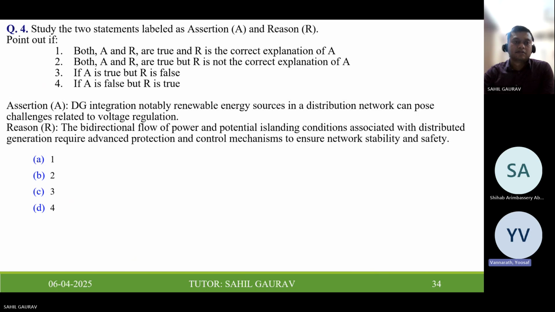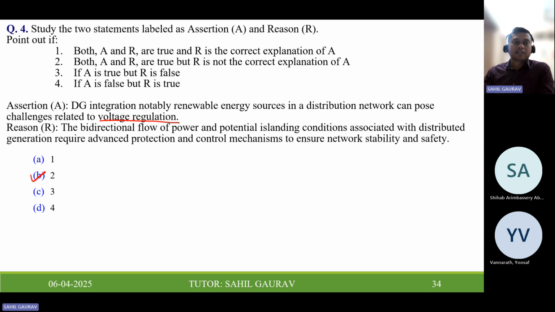The answer is A. No, the answer is B. They have given. Sorry. So how? In the first statement, they are saying that DG integration can pose challenges to voltage regulation. Yes, it can.